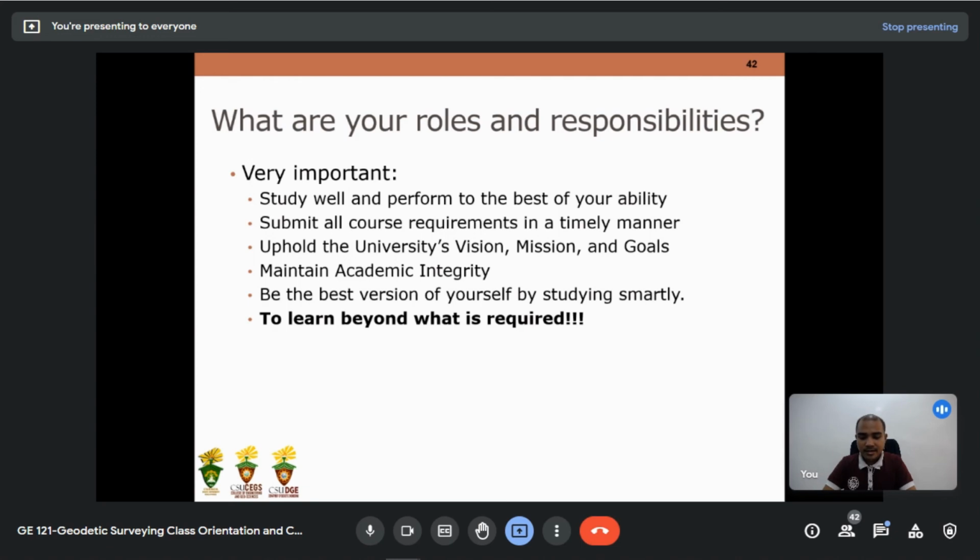There are many topics to discuss but limited time. So you must exert effort to comply with all those requirements, or to achieve the learnings you want. It does not mean that our exams and quizzes are taken only from the PDF or PowerPoint presentation. Some are taken from your further reading assignments. So we need to explore beyond the box, and learn beyond what is required by the instructor.